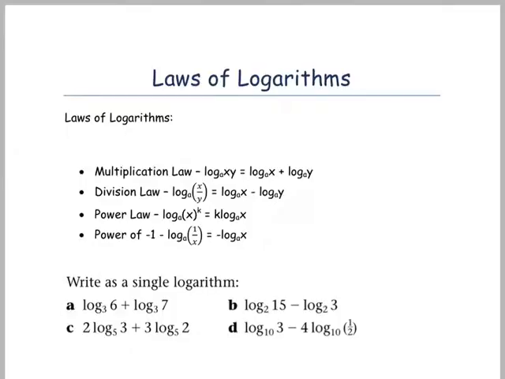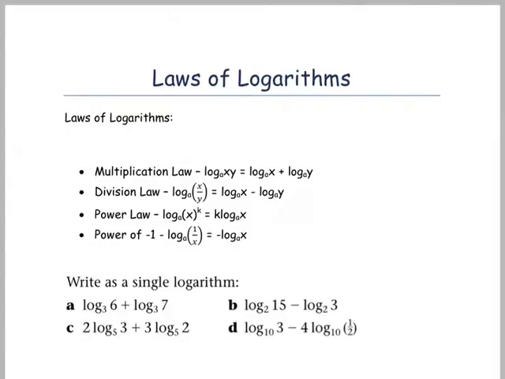The power law: log to the base a of x to the power of k, you can bring the power of k to the front, so it's k times log a of x. And finally, log a of 1 over x is the same as saying minus log a of x.